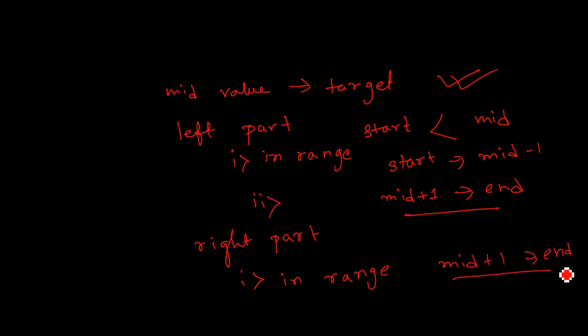So in both cases our search spaces are the same, but the way we are looking is different. Again, if not in the range, obviously it will be in the left part, so our range will be start to mid minus 1. So anyway, we have three cases and two subcases of this sorted one.